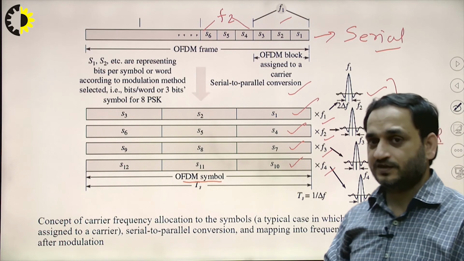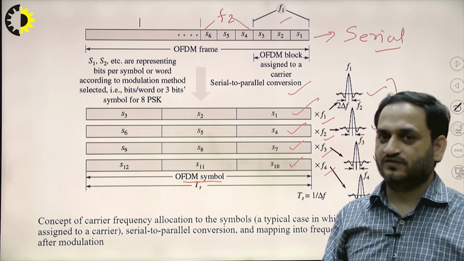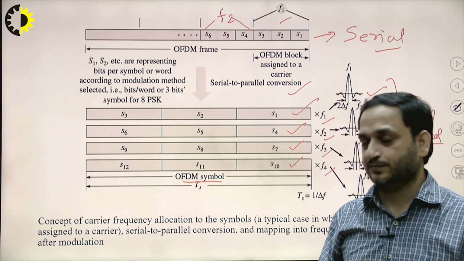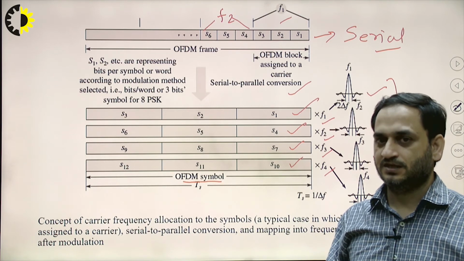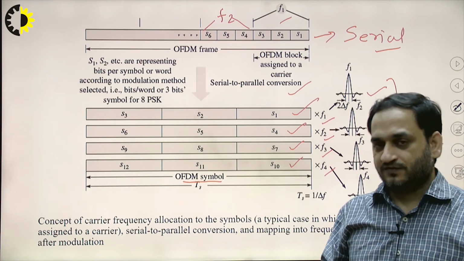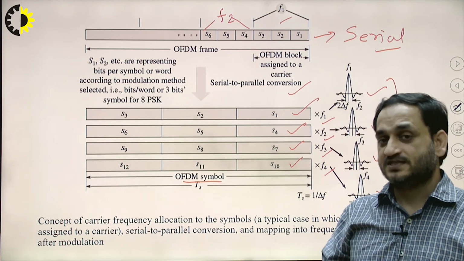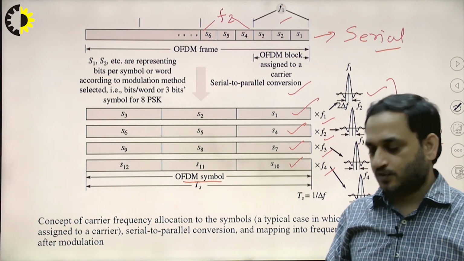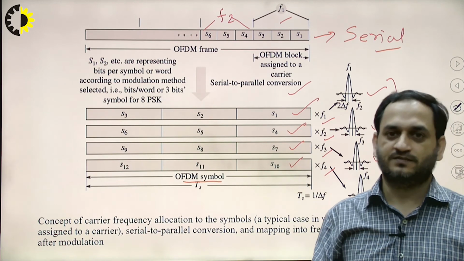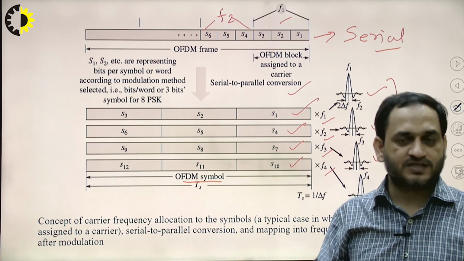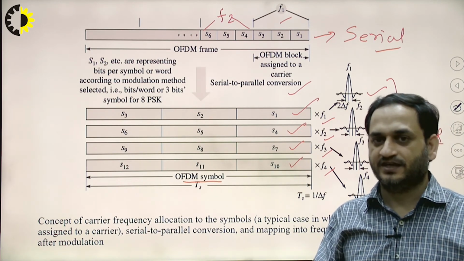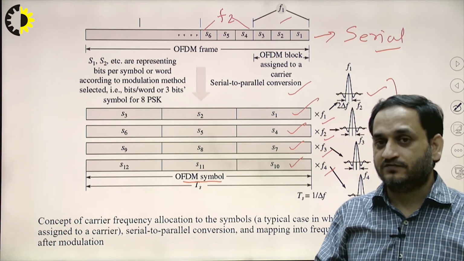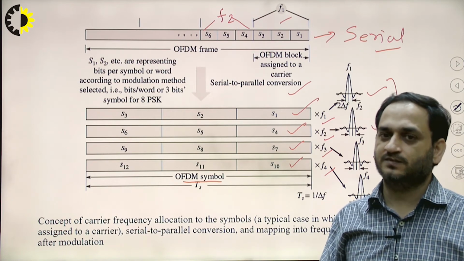But it is very important to know about the OFDM. One very basic and important property of the OFDM symbol is to convert the frequency selective fading into a flat fading system. Because we are aware that in wireless communication systems frequency selective fading occurs and it enhances the ISI, inter-symbol interference.